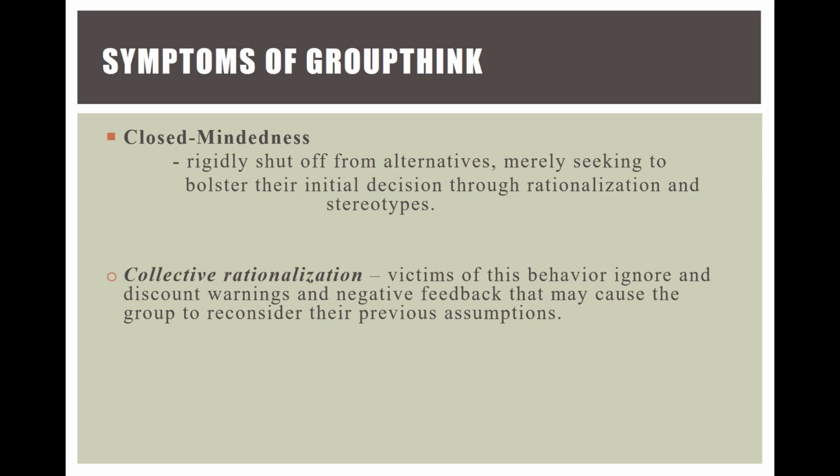Collective rationalization is where victims of this behavior ignore and discount warnings and negative feedback that may cause the group to reconsider their previous assumptions. In collective rationalization, a group just dismisses objections out of hand through shared, not really warranted, justifications.